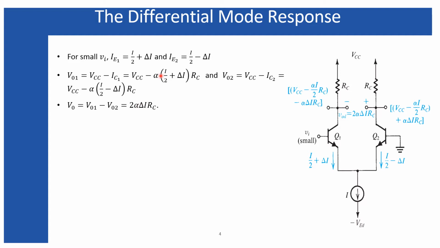So the common mode term, which is I divided by 2, is absent because the output is a differential mode output. It only includes this delta I, which is responsible for the incremental change in current in both of these transistors.